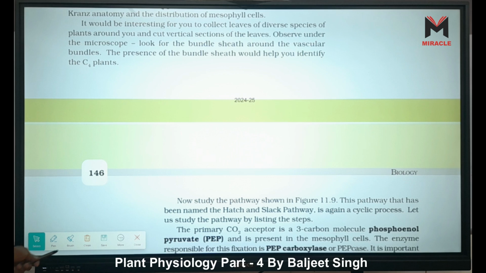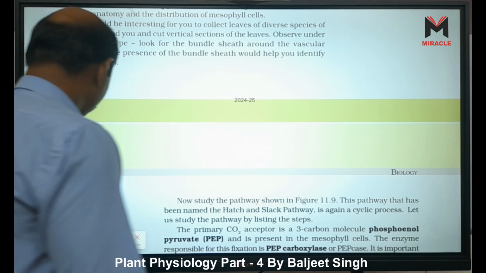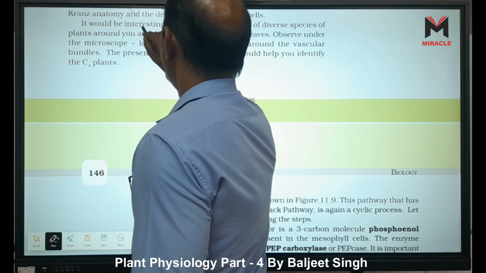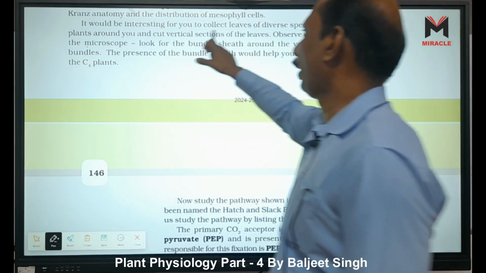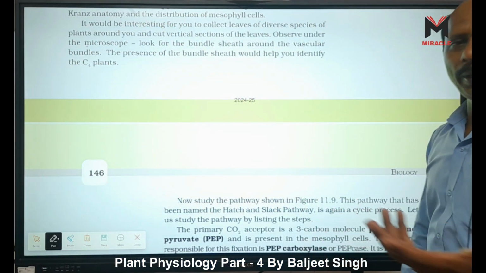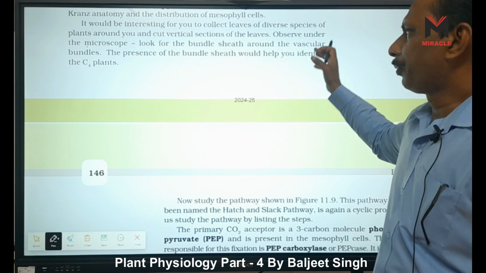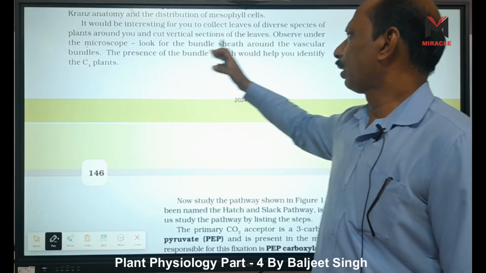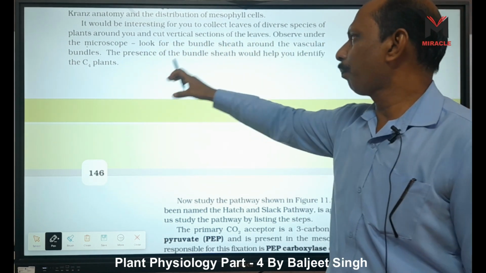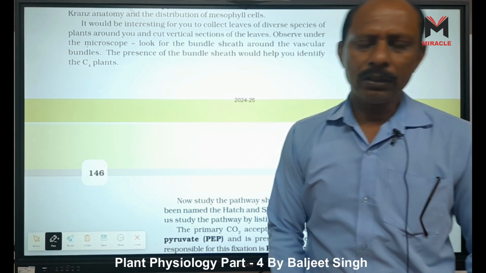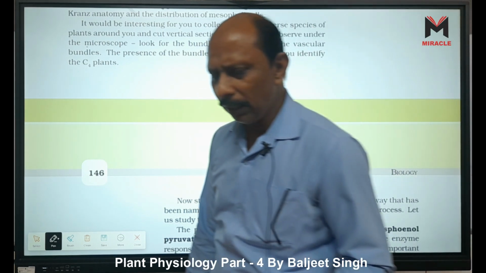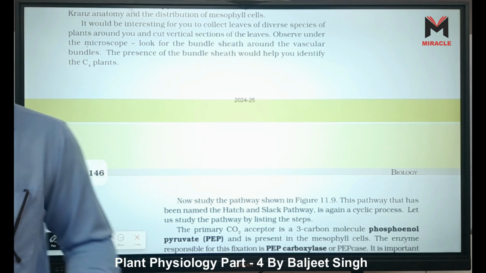Now, it would be interesting for you to collect the leaves of diverse plant species around you and cut vertical sections of the leaves. It is only for practical, right? Observe under the microscope. Look for the bundle sheath around the vascular bundle. The presence of the bundle sheath would help you identify whether they are C4 plants or C3, because in C3 plants the bundle sheath cells are absent, right?